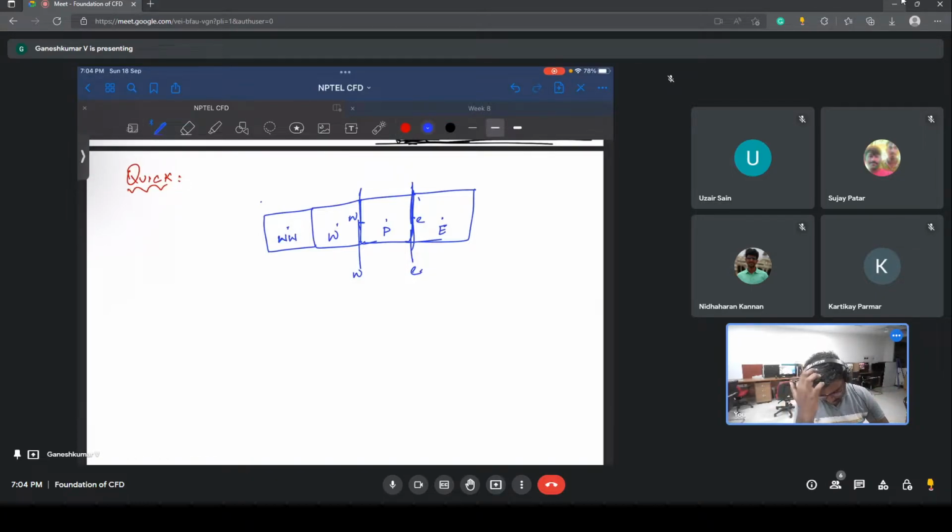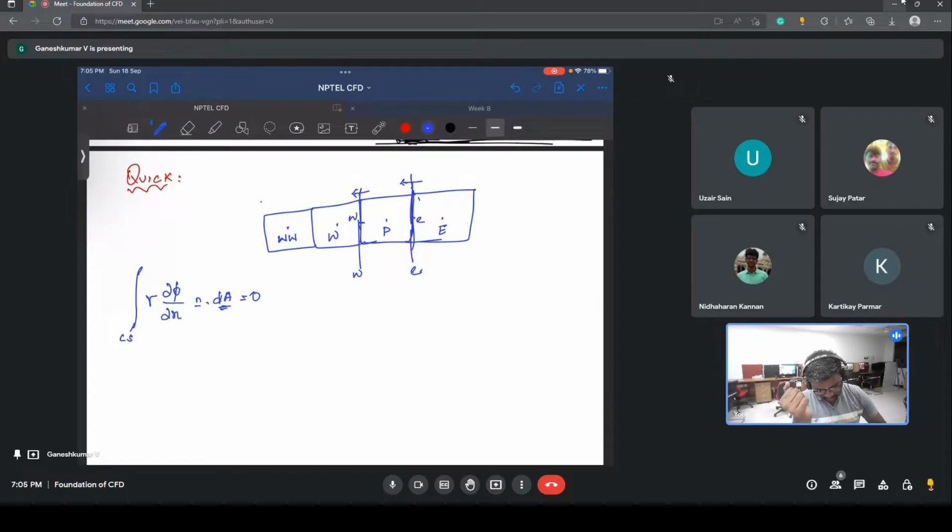In a finite volume formulation we need to find the fluxes crossing the faces, right? Let's say you have dou by dou x of gamma dou phi by dou x times dA equal to 0, which is nothing but a diffusion equation in integral form.